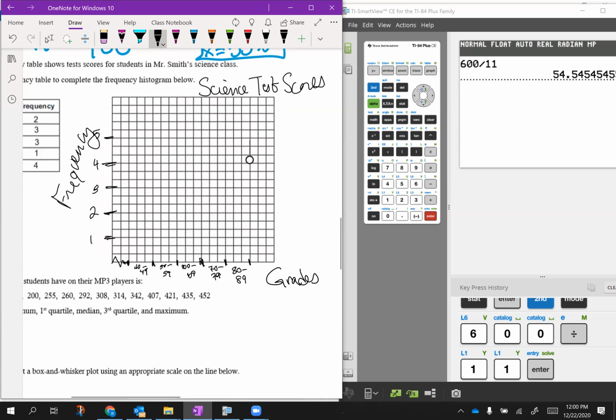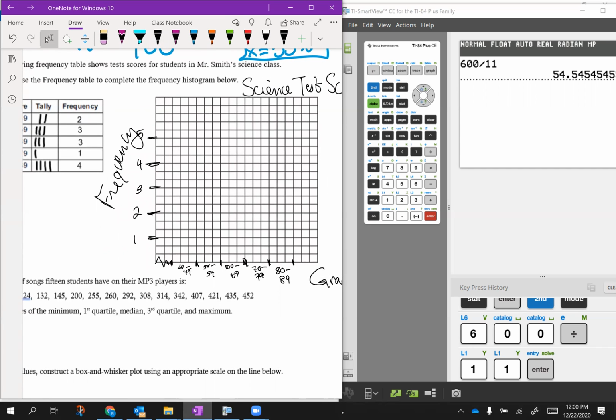And then we're going to draw these in. So from 40 to 49, I'll use a different color now.